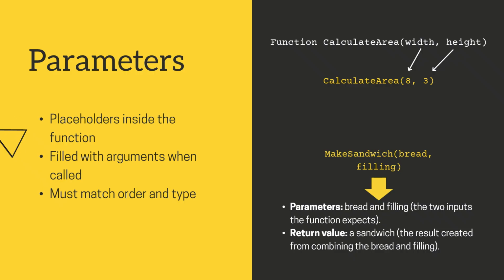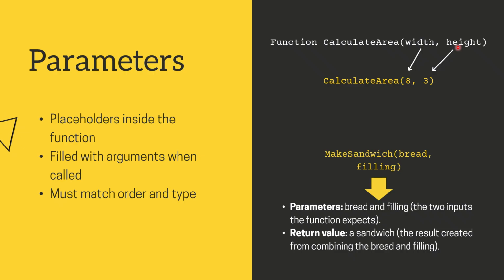So if we look at this example here, the function is called calculate area, and it has two parameters: a width parameter and a height parameter. And what it's going to do is return a number.